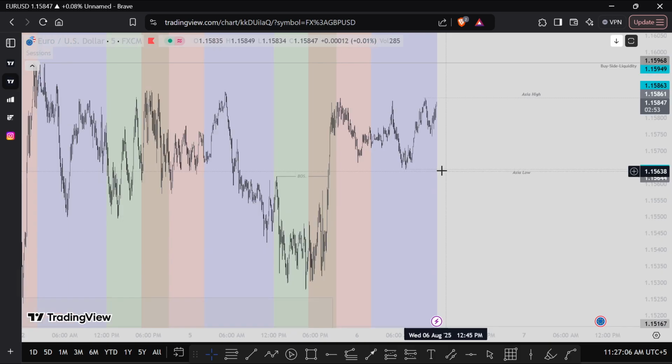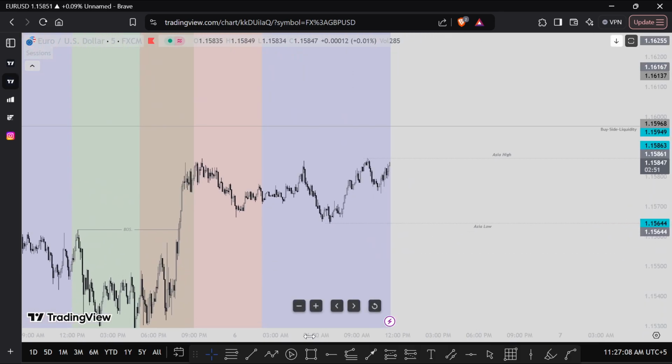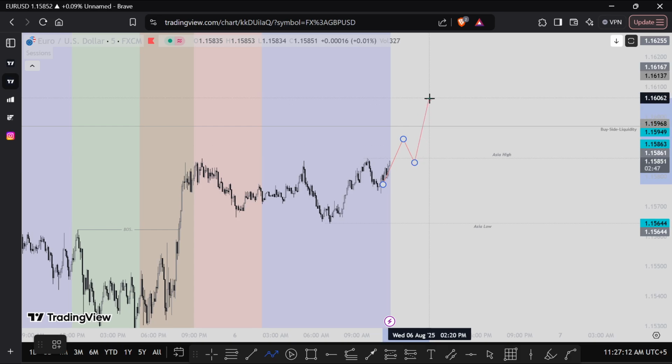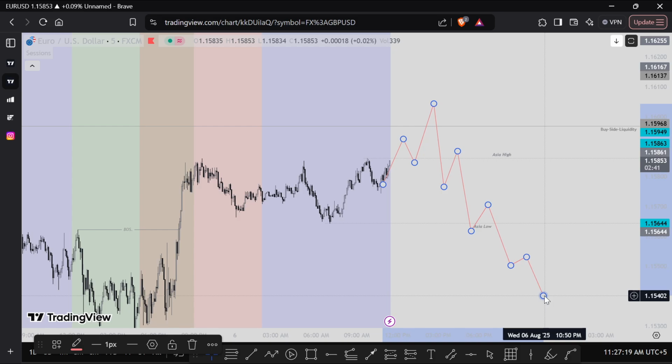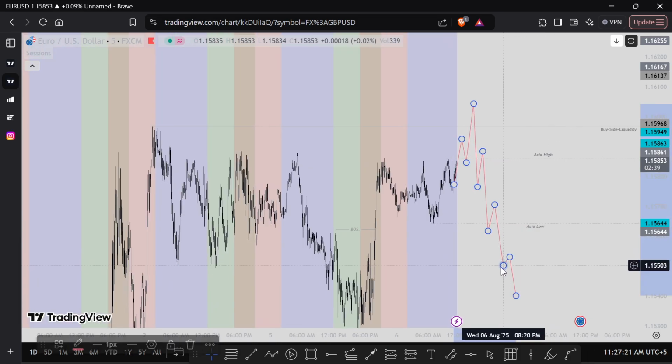Now if the market sweeps Asia, the market sweeps the previous high of the range, the high of the sideways range, the market can go towards the downside. So that's the point where I can look to go short.